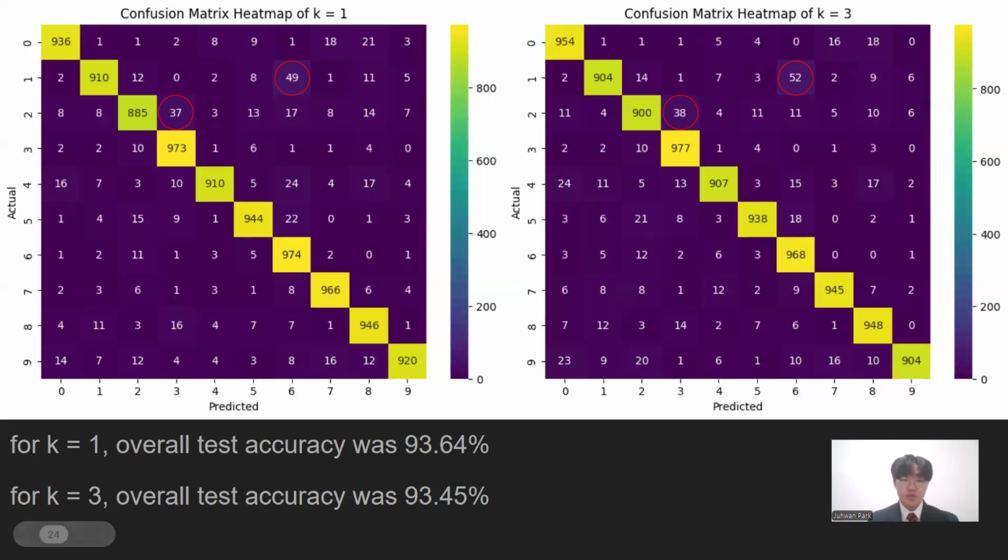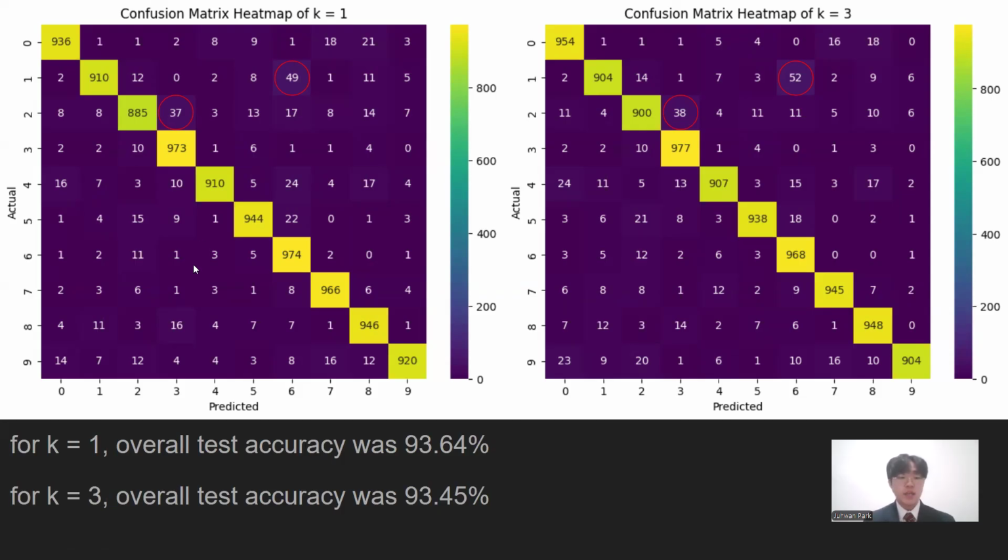Moving on, we have the two matrices. Again, we'll look at the left one first. These are the confusion matrices visualized using the heat map function. The left matrix is generated by using k equal to 1. Firstly, the k equal to 1 model had an overall test accuracy of 93.64%.